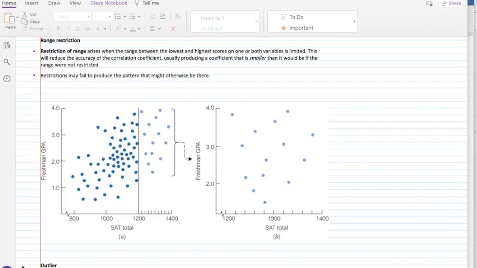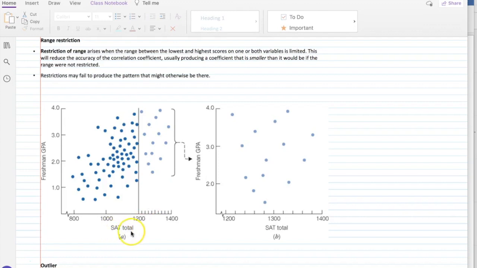This is something that could happen when you do survey research because people volunteer information, and you cannot really force people to be part of your study. You cannot force them to give you certain information. They can always decline. So it's very likely that if you ask them to give you the scores, it might be incomplete data.